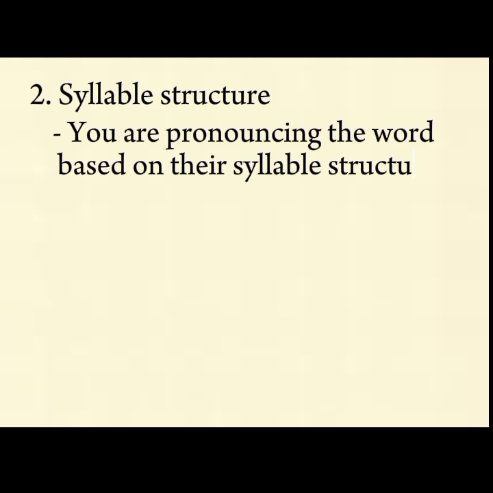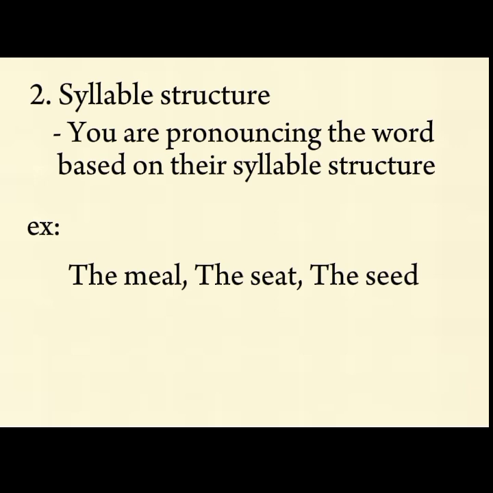The next one po is syllable structure. Syllable structure is when you are pronouncing the word based on its syllable structure. For example, meal, seat, seed. Tama ang pagkaka-pronounce mo, not long, not short. Hindi kagaya nung syllabic consonant na parang may nagiging silence sa word. Sa syllable structure, yung tamang pagkaka-pronounce mo.